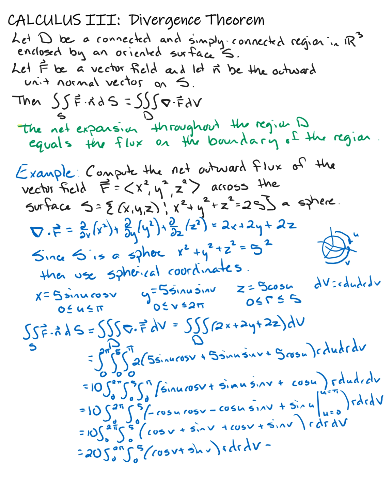And now we're going to integrate with respect to r. I only have that one r in the back, so when we integrate that, we get cosine v plus sine v times 1/2 r squared, evaluated from 0 to 5 dv.